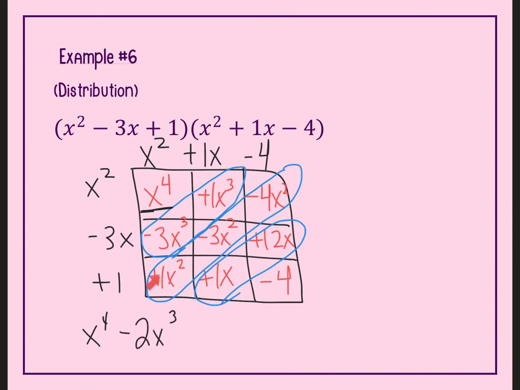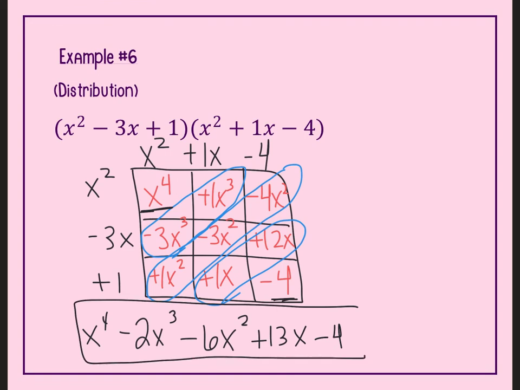Then we have 1 minus 3, that's negative 2. Negative 2 minus 4 is negative 6x squared. Then we combine those two. 1x plus 12x is 13x. And the last number is this constant at the end. That is your final answer.